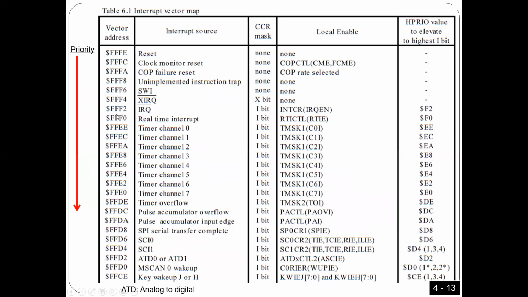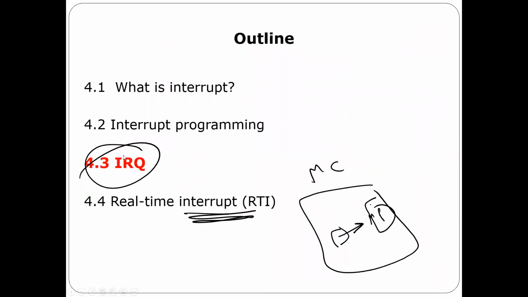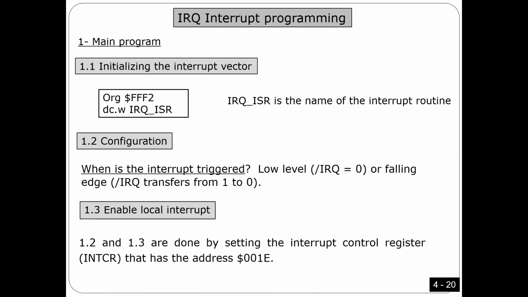When I explain RTI, I'm going to use a different number, and when I explain any timer channel, I'm going to use another number. Very easy. Once you learn how to program one interrupt source, all of them are the same. So you have to write this in your program. And IRQ ISR is the name of the subroutine.